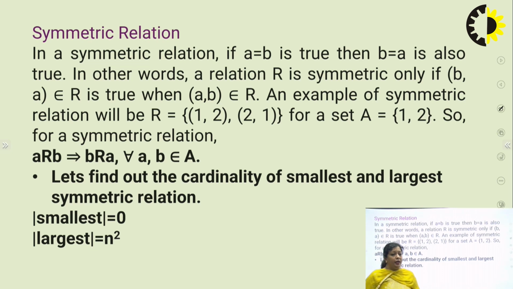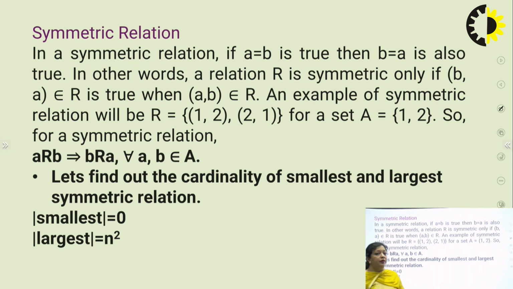But for elements where a and b are not equal, the (b, a) pair must belong to the relation R whenever I have the (a, b) element in my relation.